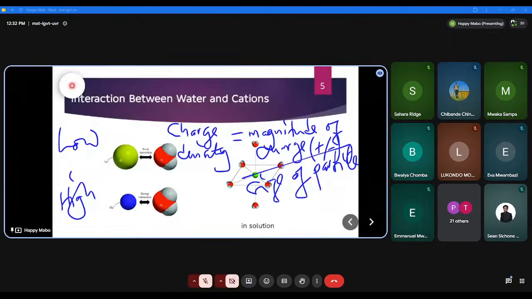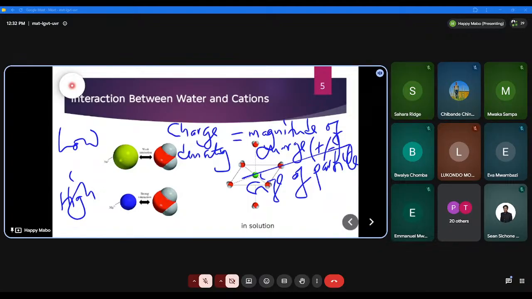Okay, so you would do well to remember that the higher the charge density on a given particle, the greater its interaction is going to be with the water molecules, or the higher the solubility. So the higher the charge density, the higher the solubility.